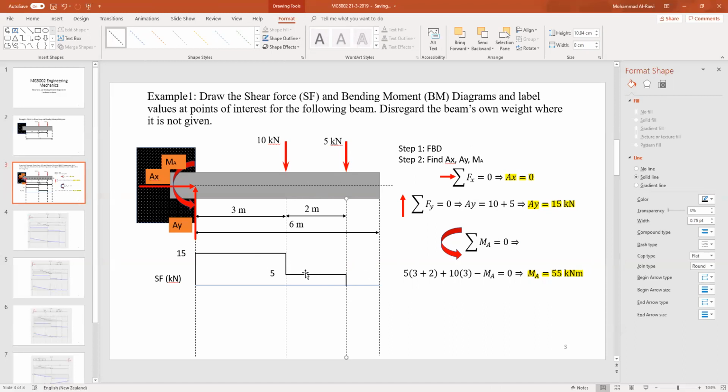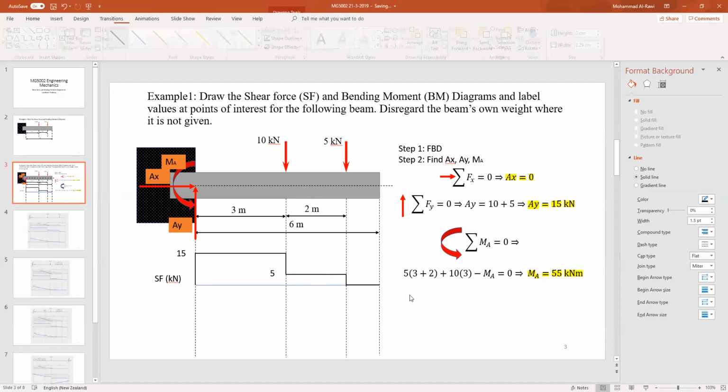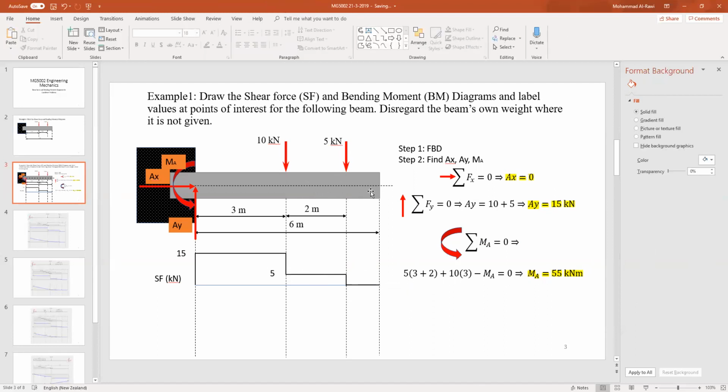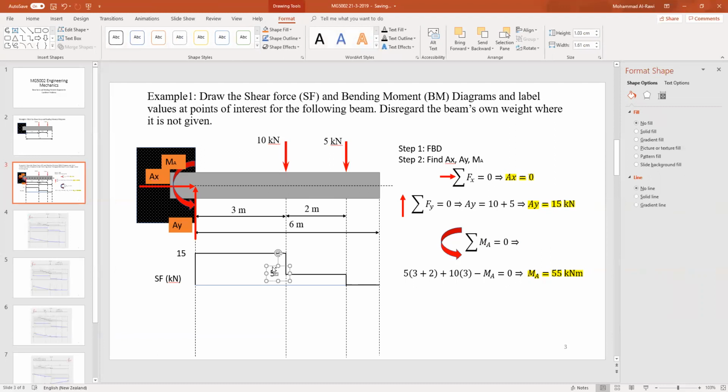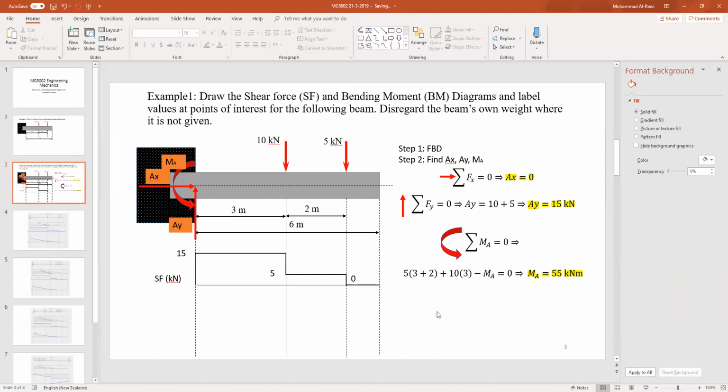And then I need to close that diagram, because again, if you can see, from this point till there, it's going to 0 because we don't have any force at the end of that free cantilever. So this is technically how the shear force diagram is represented for a cantilever. Very easy, very basic, but sometimes confuses students.